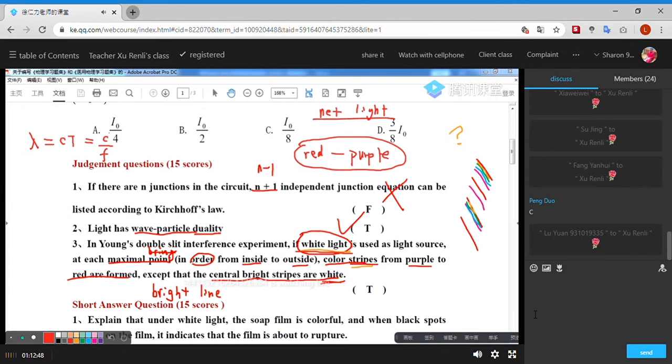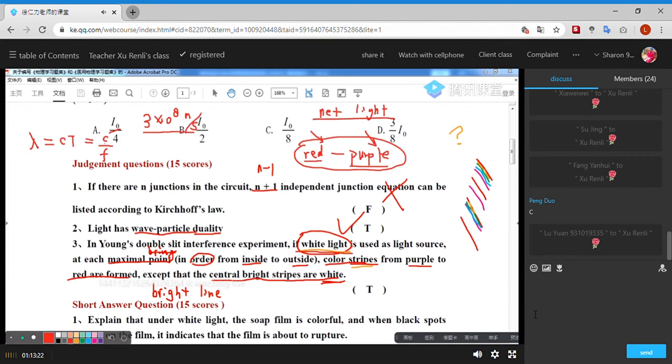The speed of light is the same for red light and purple light. The speed of light is about 3 times 10 to the 8 meters per second in vacuum, so it's a constant for different frequencies of light.